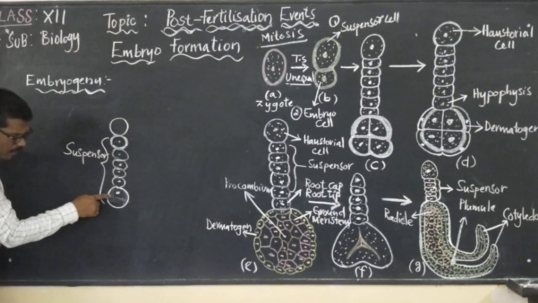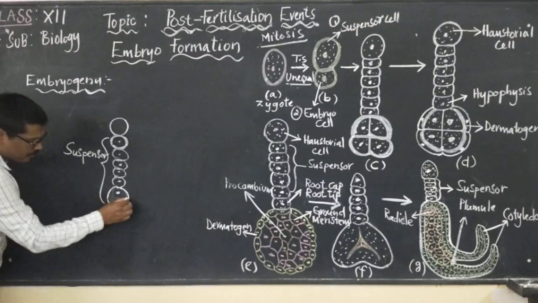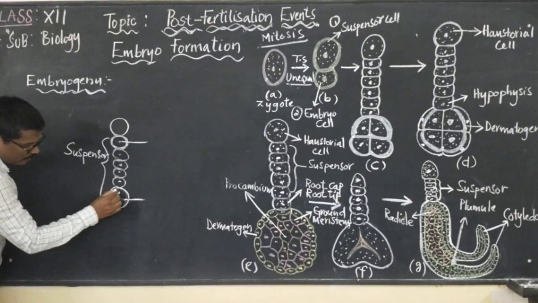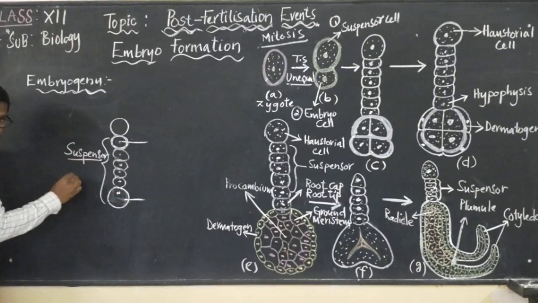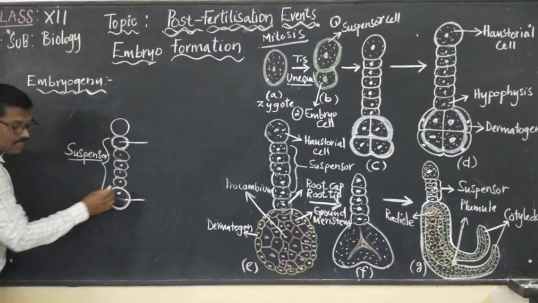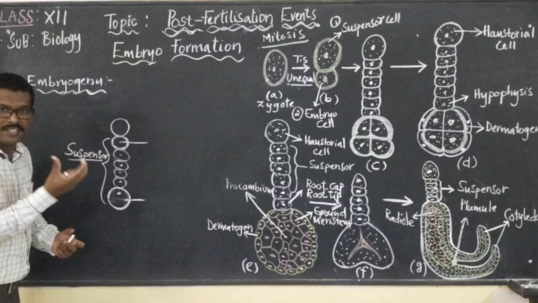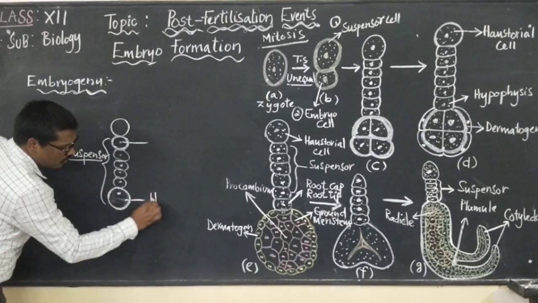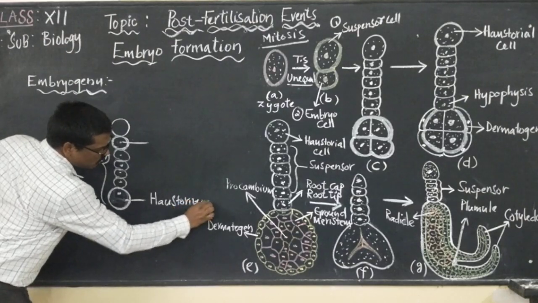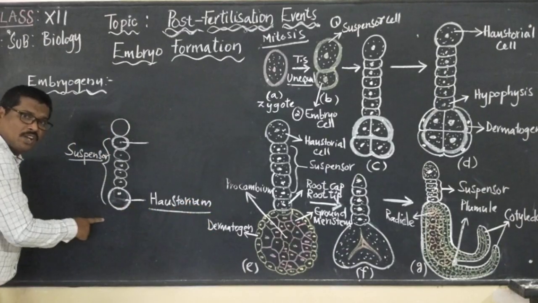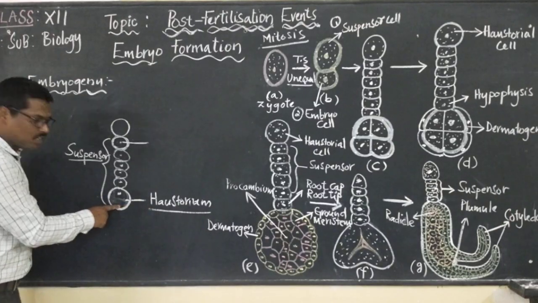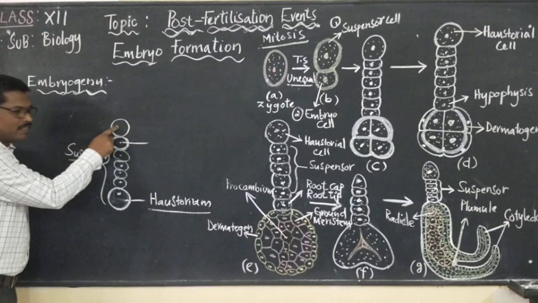The cell which is towards the basal end will be swollen, enlarged in size, and this cell is called the haustorium. What is the function of this haustorium? It absorbs the nourishment from the endosperm for the developing embryo.